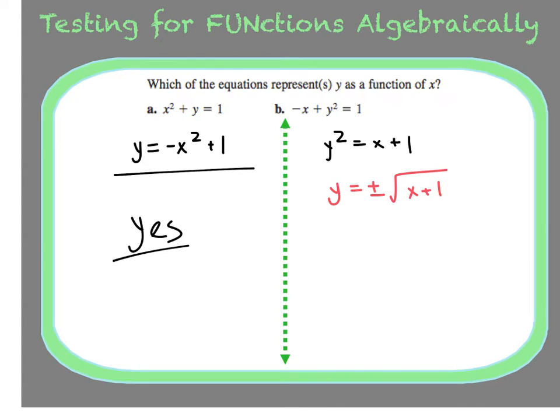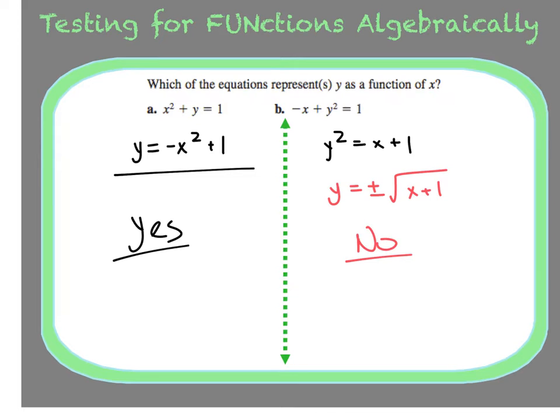So if I put something in for x, how many outputs will I have? I will have 2. I will have a positive and a negative. So is that a function? That is not a function. All right? So that is a big fat no.